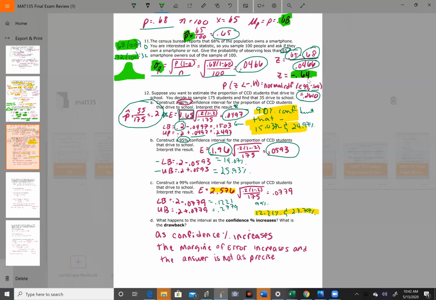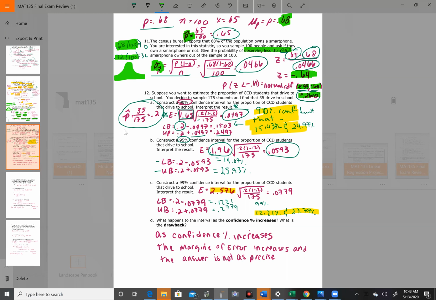So this time, when you do your normal CDF, you want to find the probability of observing less than 0.65. So our lower bound of our normal CDF is going to be negative infinity. Then our z-score for 0.65 is going to be negative 0.64, and your probability is 0.2610.